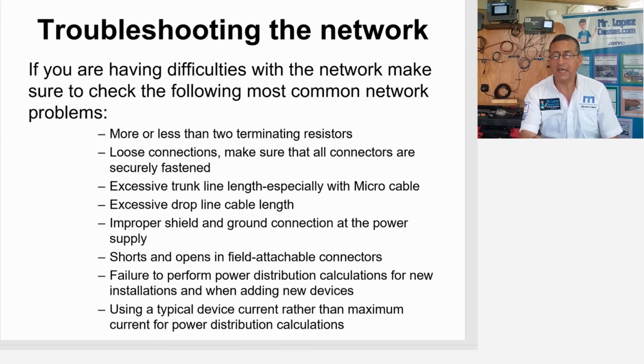Excessive trunk line length, especially with micro cable, that's very common. Excessive drop line cable length, and proper shield and ground connection. I explained before. Short and open in-field attached connectors, Mickey Mouse terminals, wrong connections, wrong crimps. You need a crimp and heat shrink.